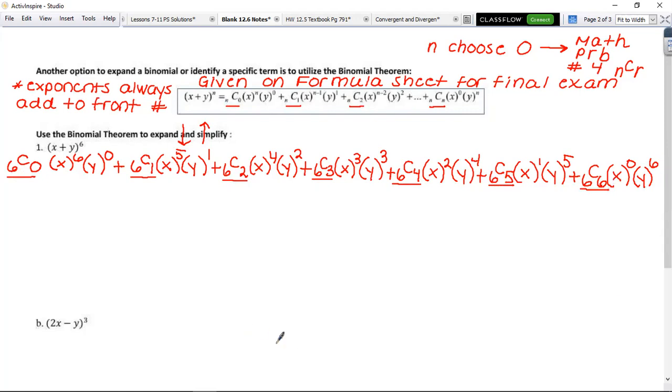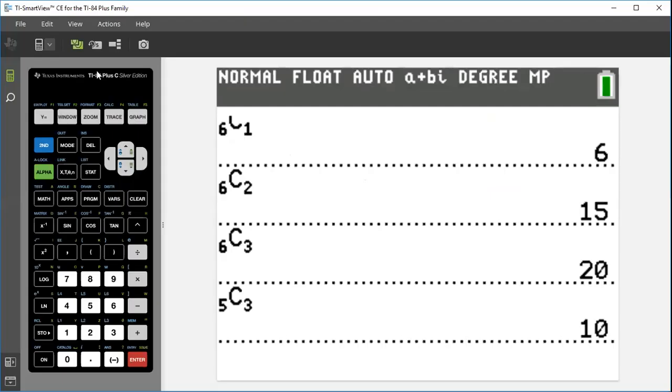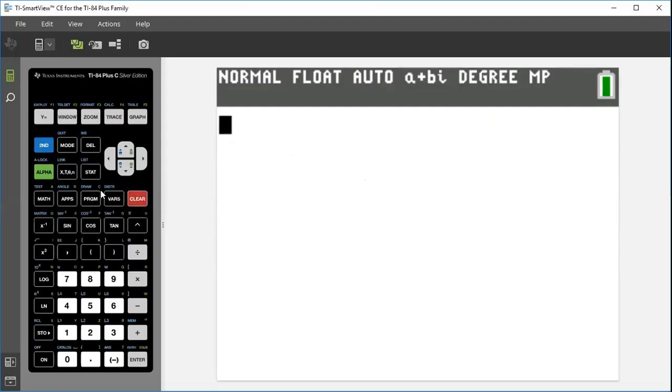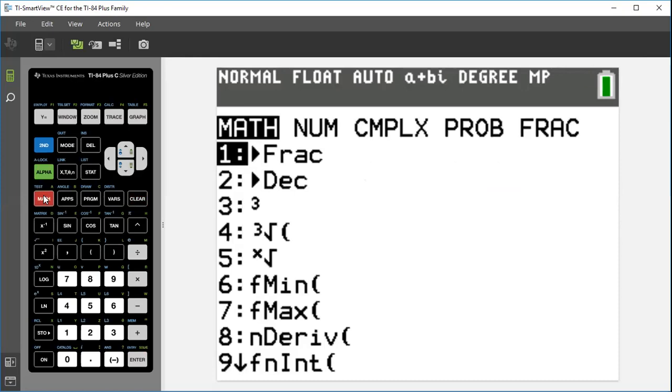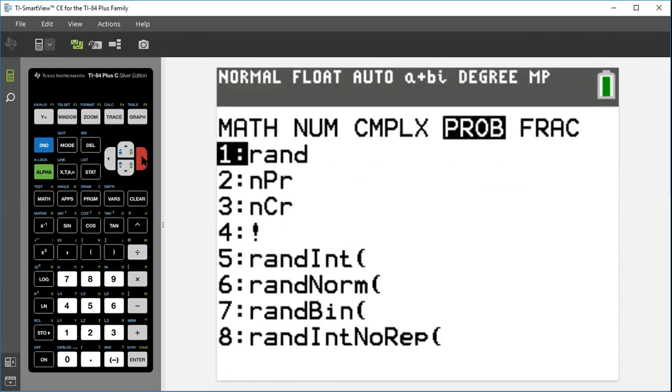So in the calculator, you are going to hit the math key and scroll over to where it says probability, and you're going to select choice 3. I'm sorry, I think in your notes I wrote 4, but I think it's actually 3.